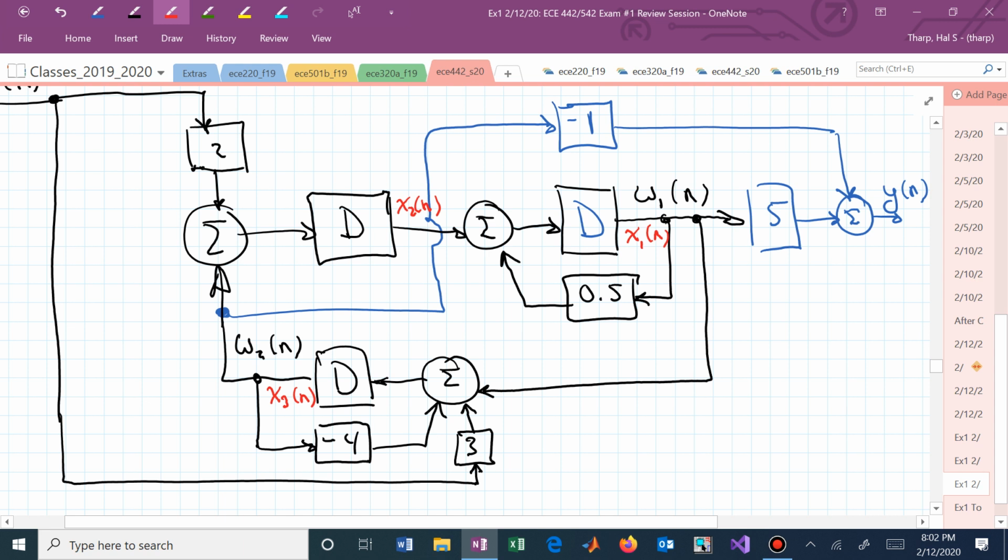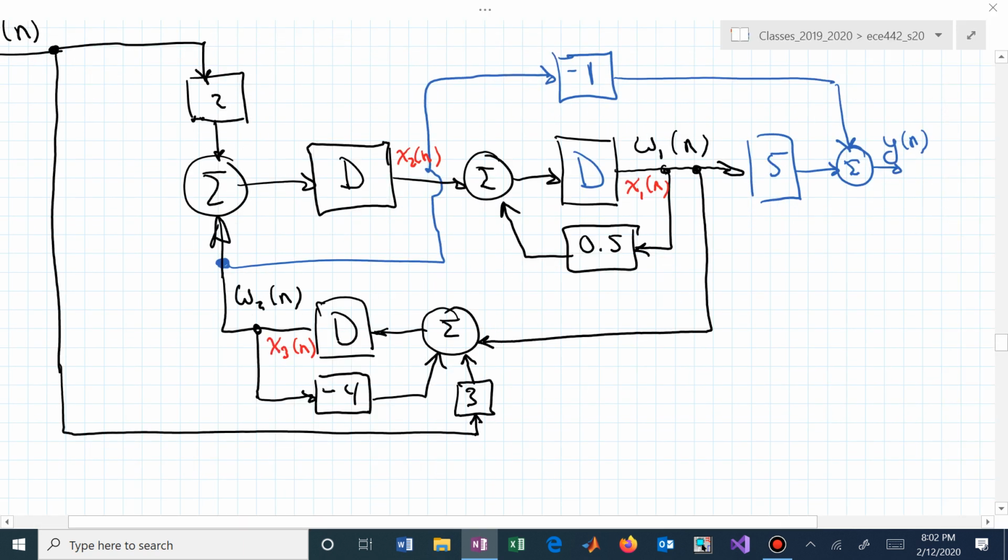And now that I've defined my state variables, the input to that delay block is x sub 1 of n plus 1. The input to this delay block is x sub 2 of n plus 1. And the input to this delay block is x sub 3 of n plus 1. Now I'm good to go.